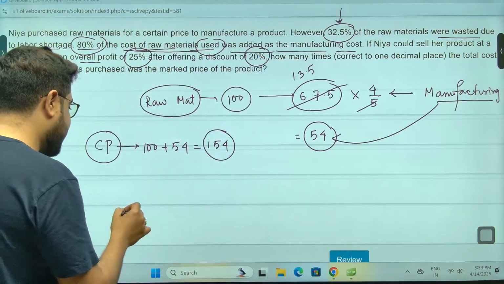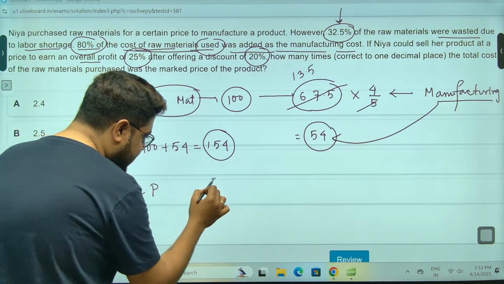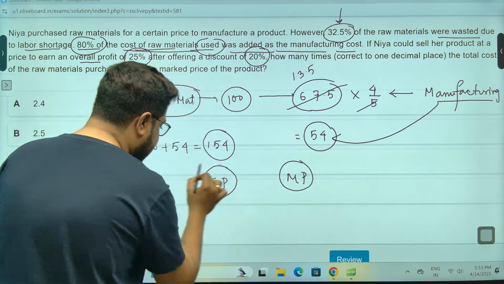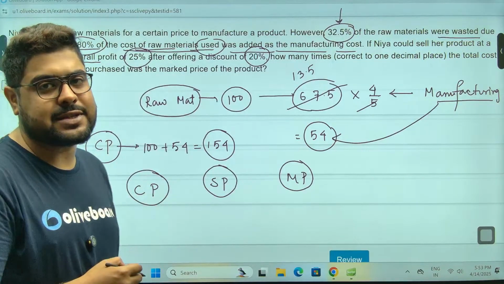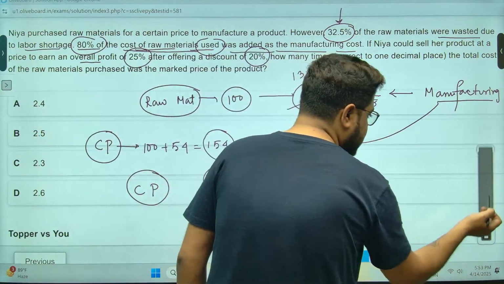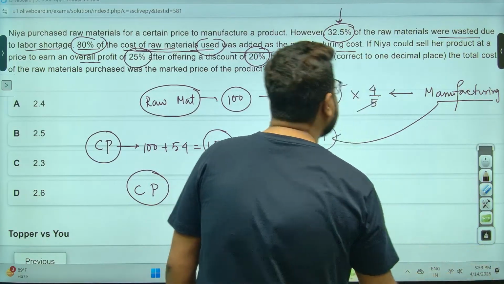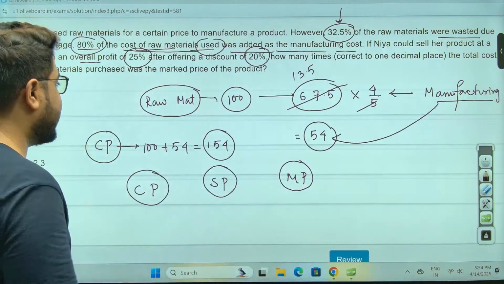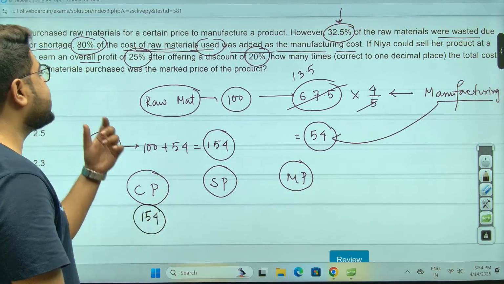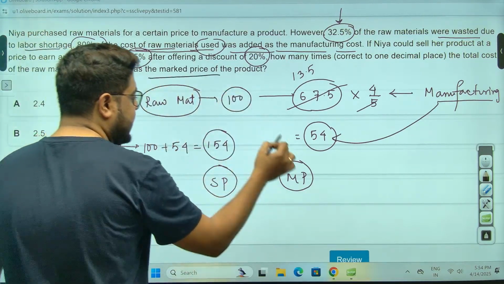I told you, sir, whenever you see this line, you need CP, SP, MP if you don't want to use that 100 minus discount and 100 plus discount formula. You need to do this normal calculation. I know 150 for this CP. What do I need? MP, I need this value.